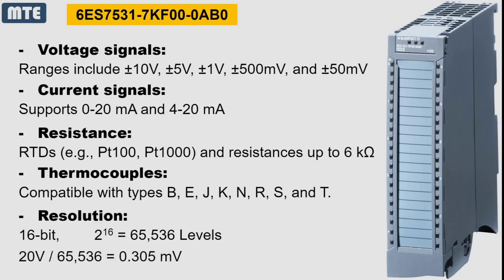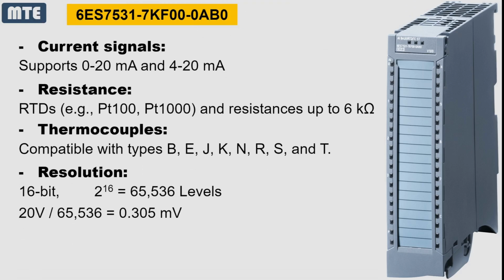For a plus or minus 10 volt input range, the smallest detectable change in voltage is approximately 0.3 millivolt. This module boasts an overall accuracy of 0.3%, ensuring reliable performance even in demanding industrial environments.